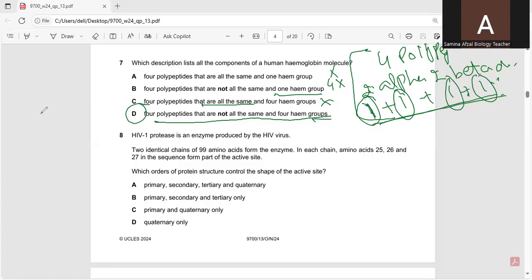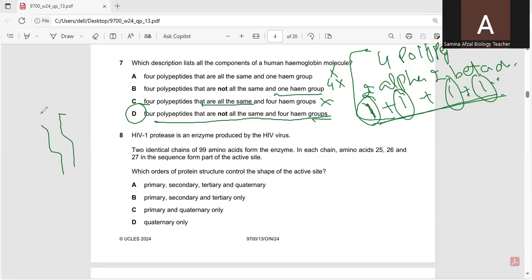Next, HIV-1 protease. HIV-1 protease is an enzyme produced by the HIV virus. Two chains of 99 amino acids form the enzyme.